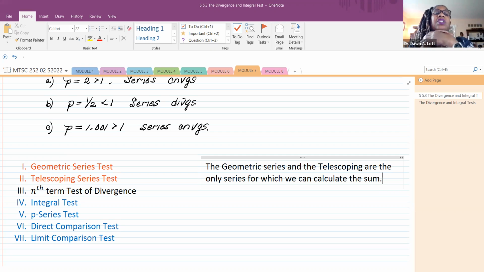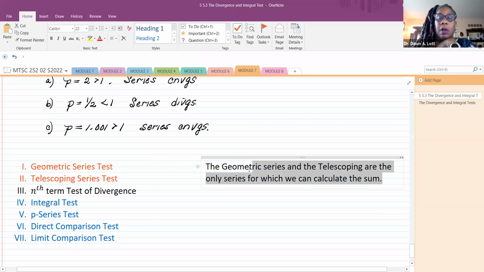You're going to have to state what test you use. And then it will say if it's possible to compute the series sum, do so. And so that means if it's a geometric series or a telescoping series, you are supposed to compute the sum. Okay, so these are in red.